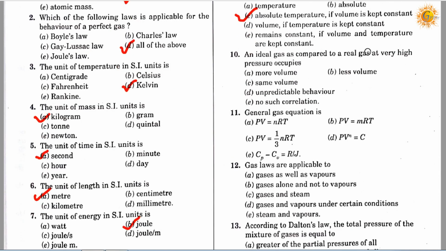Question number 10. An ideal gas as compared to a real gas at very high pressure occupies: option A more volume, option B less volume, option C same volume, option D unpredictable behavior, option E no such correlation.